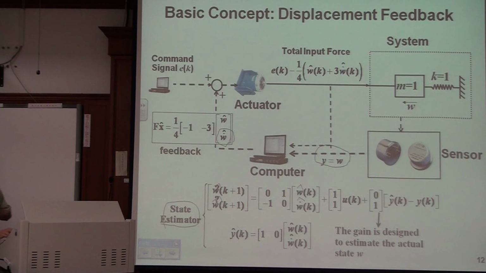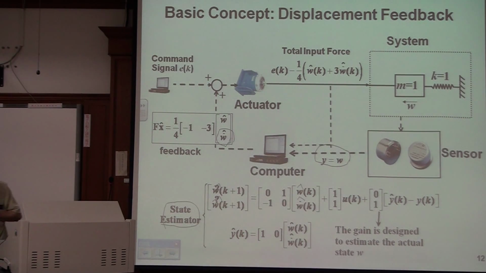The computer is going to compute the estimated state and estimated state derivative for you to feed back, because for my feedback, I need this W dot. Understand?